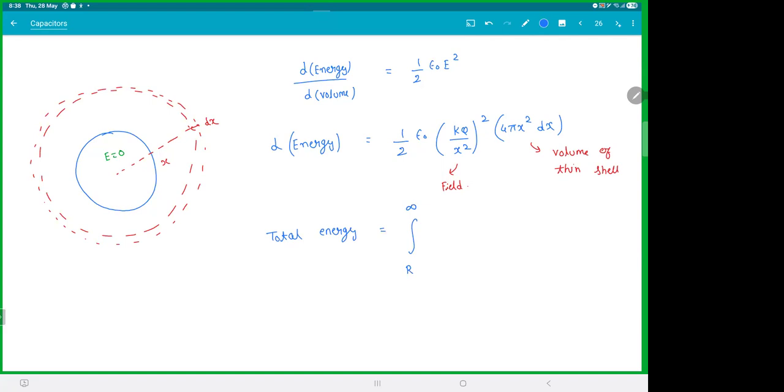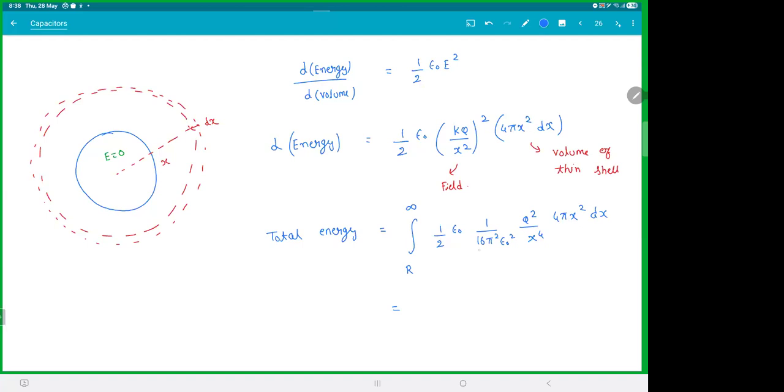I didn't ask you this, but I want to show you something. Now, if you integrate this, this would be half epsilon, K is 1 by 4 pi epsilon. So that would be 1 by 16 pi square epsilon square, q square by x power 4, into 4 pi x square dx. You solve this, you integrate this, you end up with an answer.